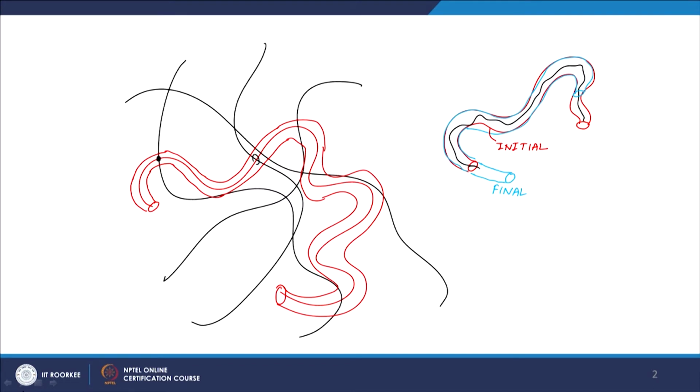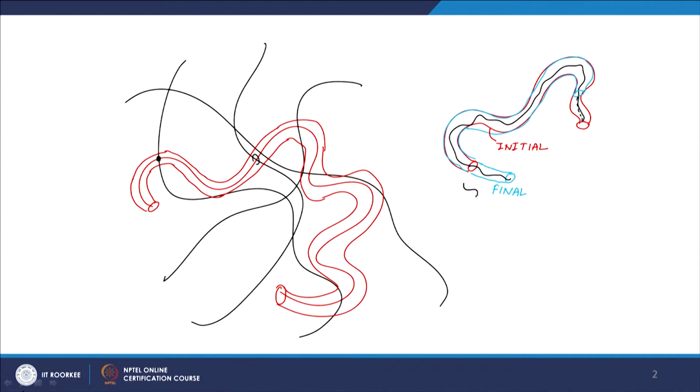So, some polymer has come here, and then some part of the polymer was destroyed here because the polymer moved along the contour. So, this is the part that is created, and this is the part that is destroyed.